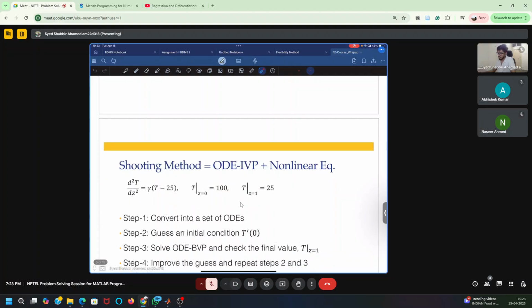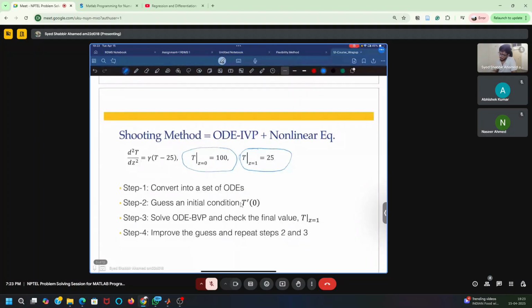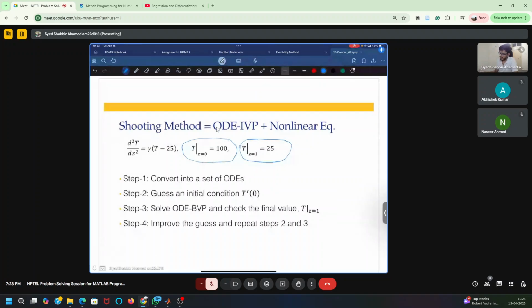In the shooting method, you have two boundary values like this, and we have to convert this into an initial value problem.